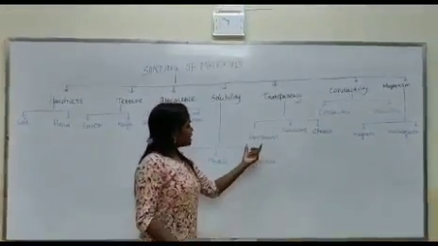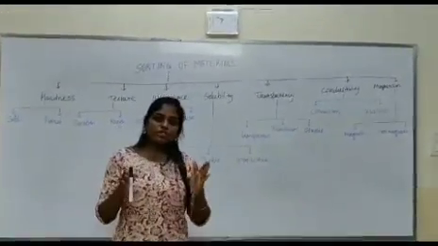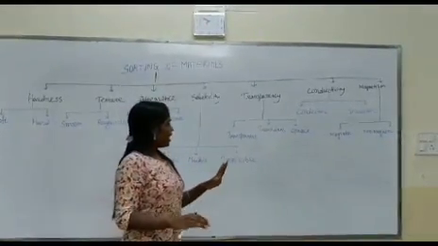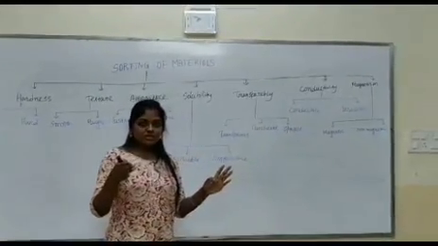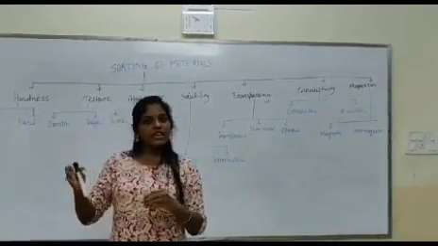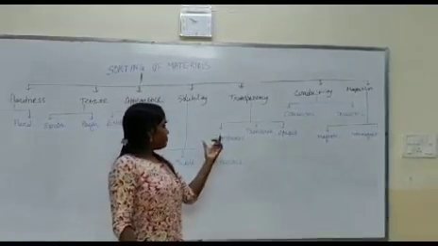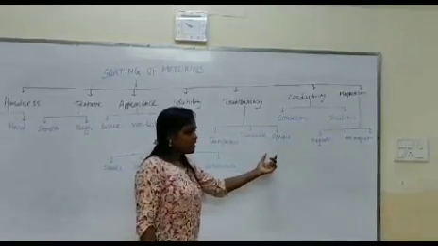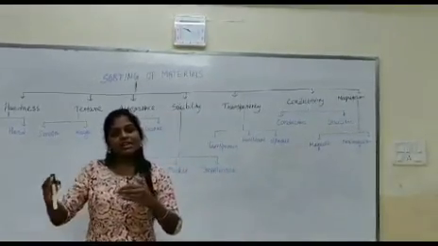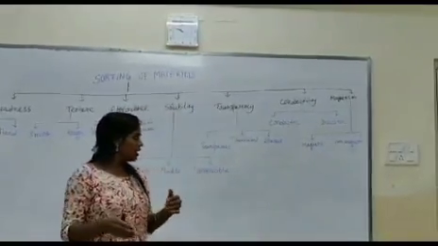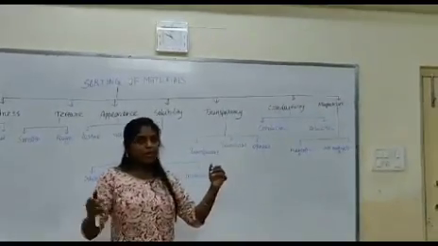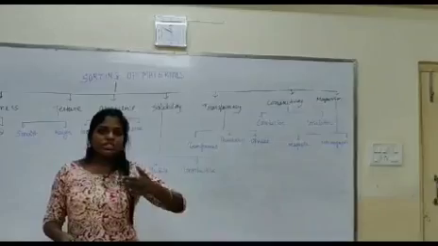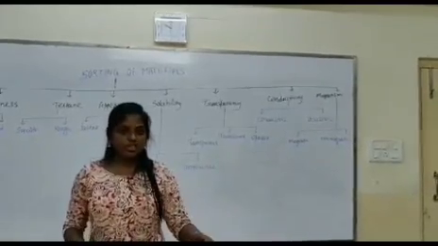Transparent means the substance can pass the light completely, like clear glass, water, and air. Translucent means the substance can pass light partially, like frosted paper and butter paper. An opaque object is a substance which cannot pass any light through it.